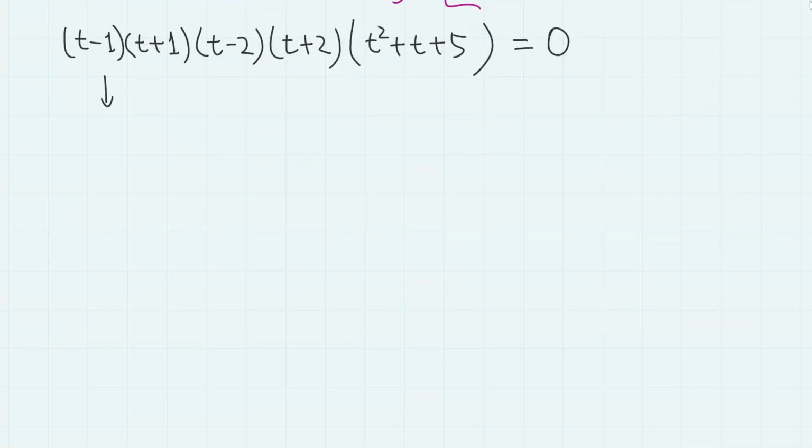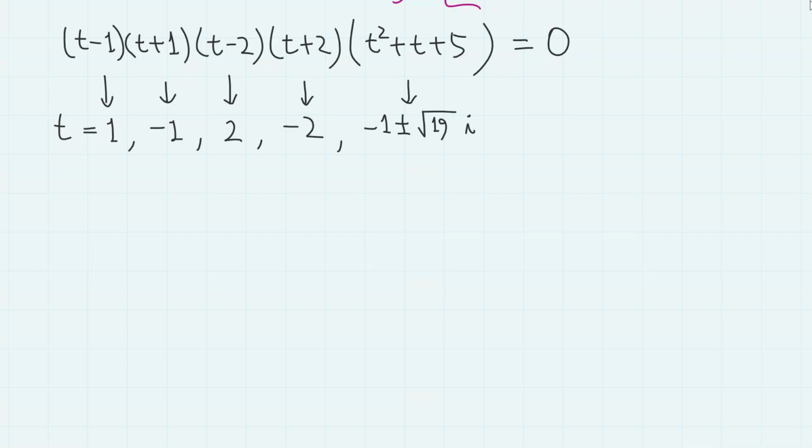Therefore, we have from here t equals 1, and from here minus 1, and from here 2, and from here minus 2, and from here, using the quadratic formula, we have minus 1 plus minus square root of 19i divided by 2.